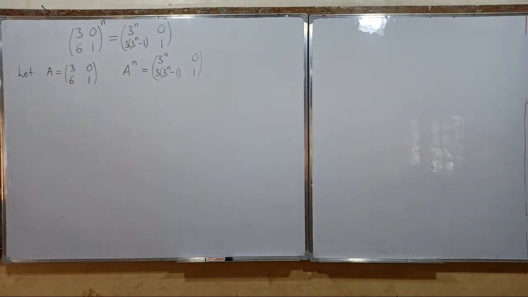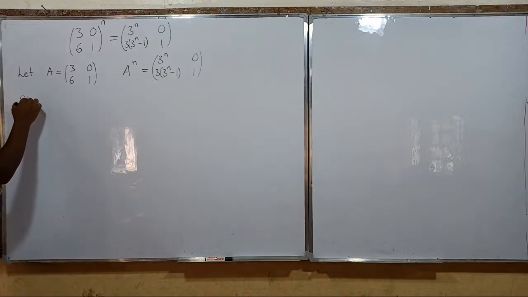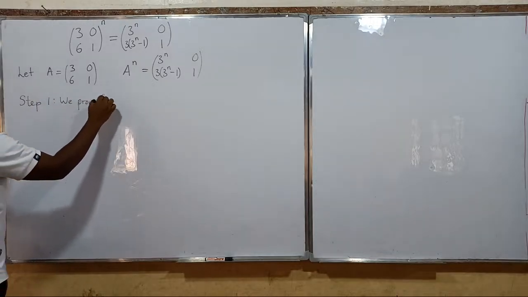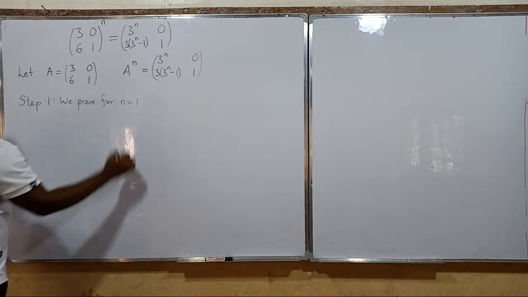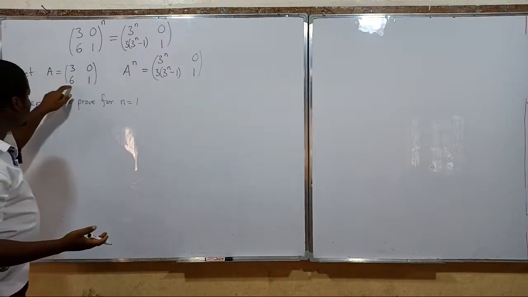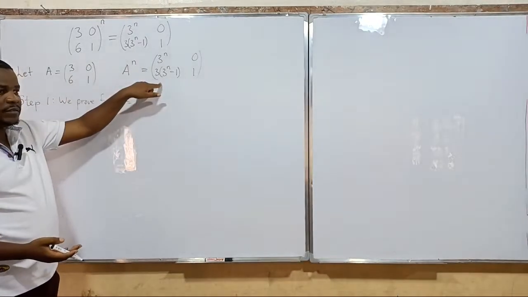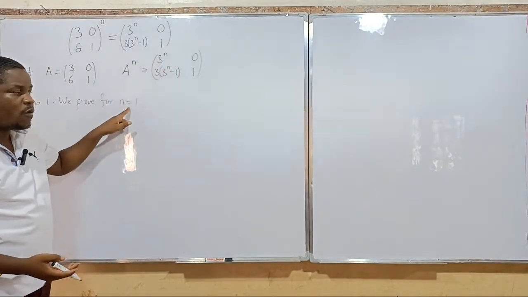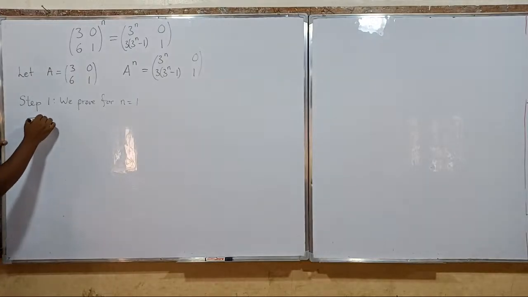Okay, so step number 1 is the base case where we prove for n is equal to 1. So now when proving, don't use this, use this when proving. So where there's n, what do you put? 1. So what do we get?